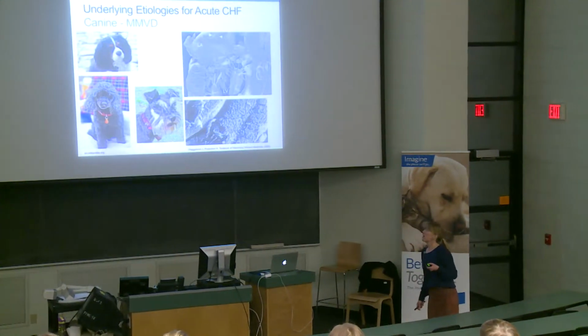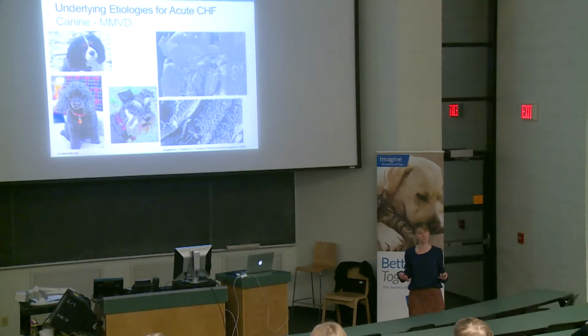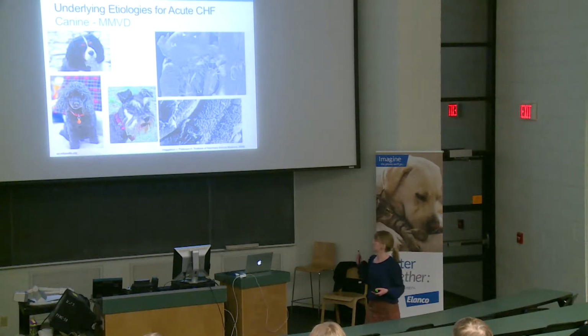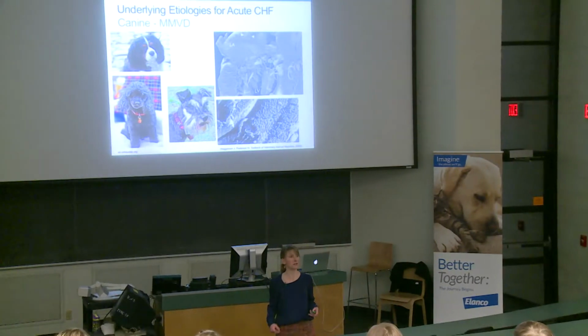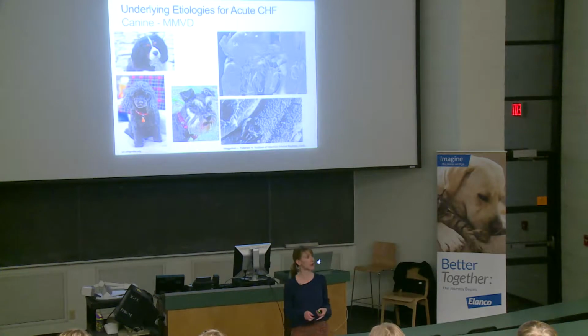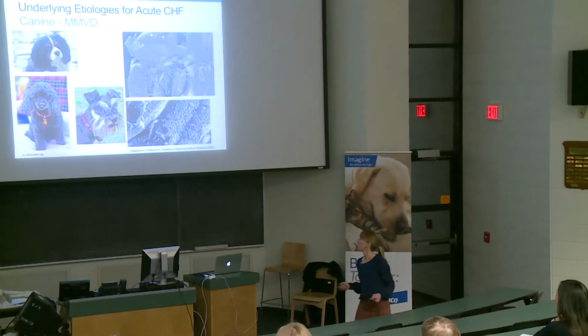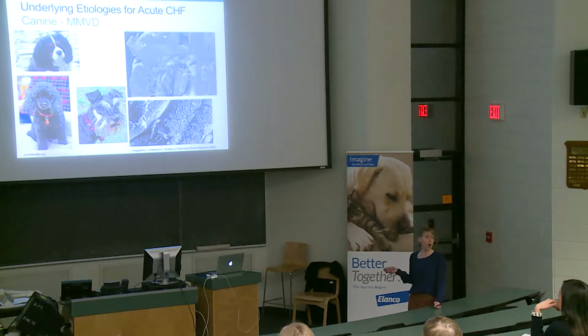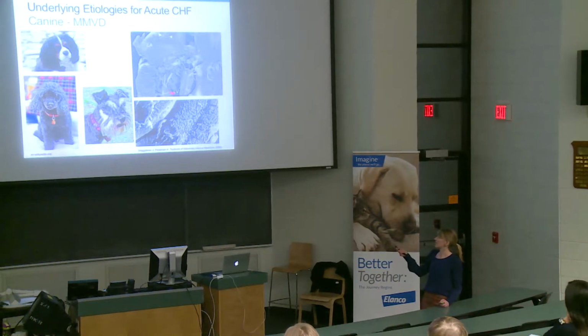If we think about the etiologies, who are these stage C and D patients arriving on our doorstep? I think that for our canine friends, a large portion of them are going to be secondary to myxomatous mitral valve disease. And that's probably the grand majority of what you're seeing in practice with heart failure. So the smaller breed, geriatric dogs, but even some medium and larger breeds as well, the grand majority of them, we are talking about a mitral valve that undergoes these degenerative changes.